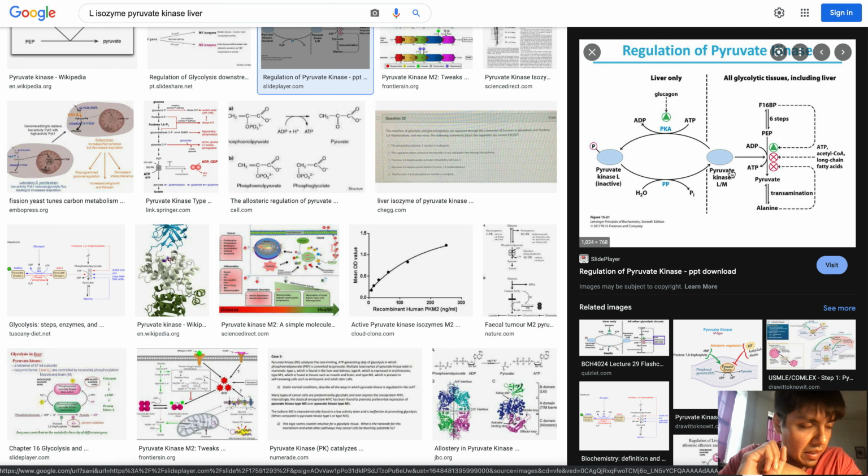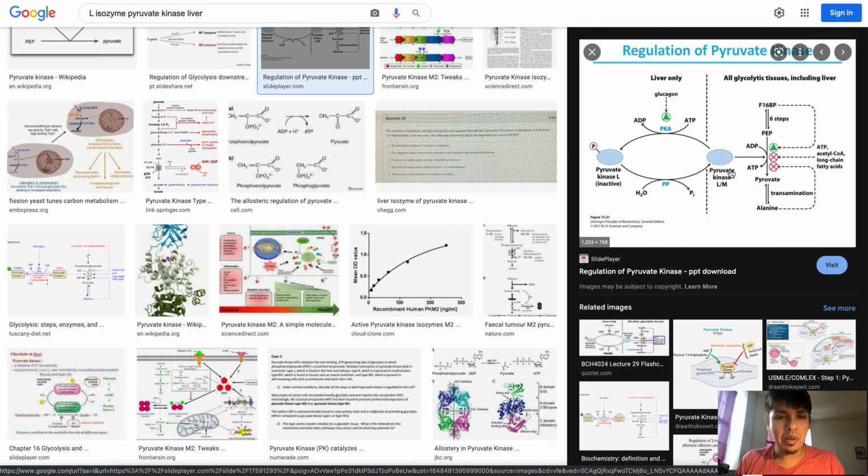Okay, and so your liver is going to be the predominant container of the L-isozyme, and you can think of it as liver isozyme. So it's going to be that sensitive, and then the rest of your body is going to need the ATP, so the liver will stop also the production of pyruvate, as well as the production of the very upstream process of glucose 6-phosphate via glucokinase.